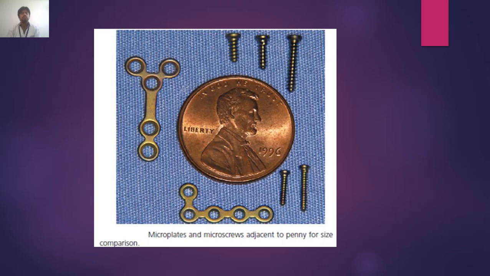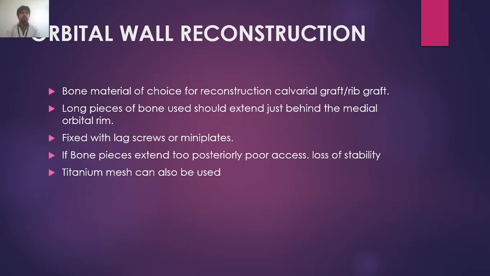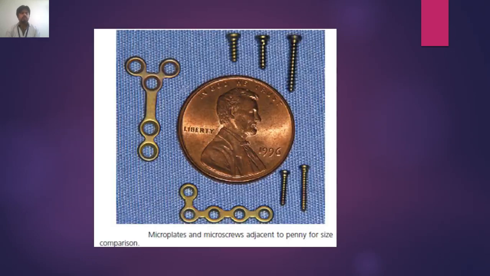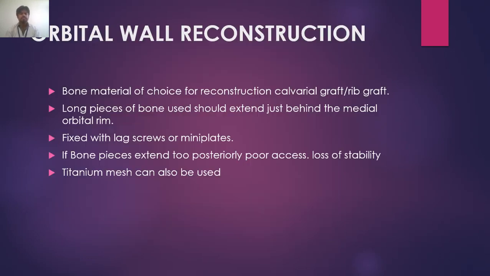This picture shows the mini plates or bone plates that are used for the fixation of the midface fractures, and its size is compared to a coin. The plates generally are made up of titanium, but stainless steel plates can also be used.